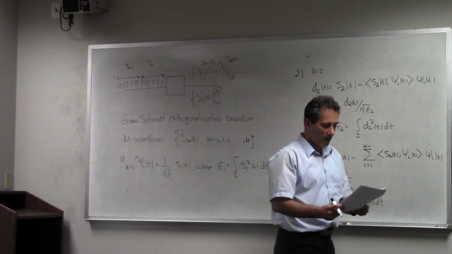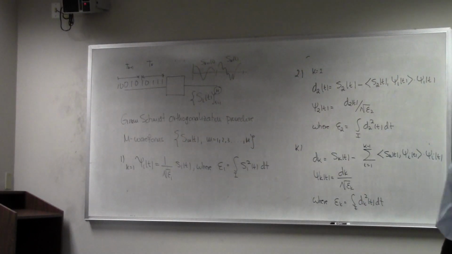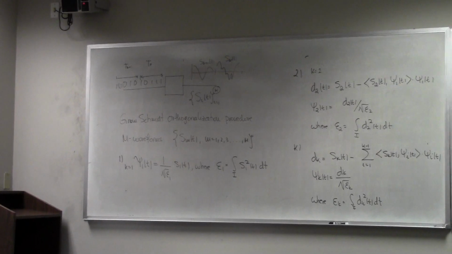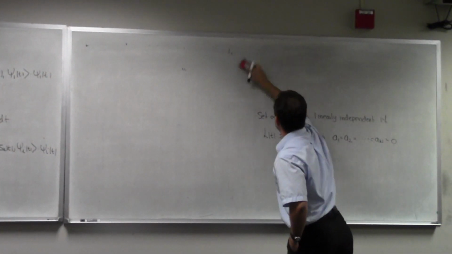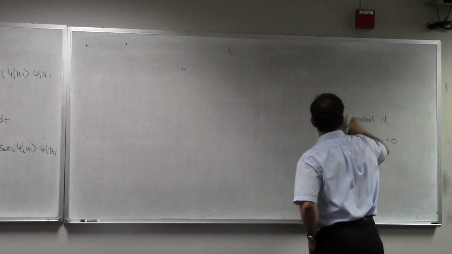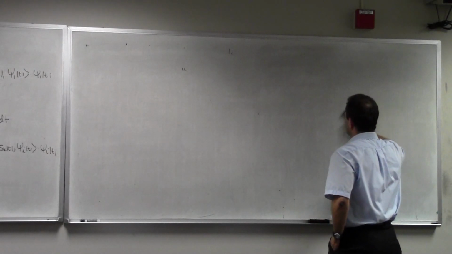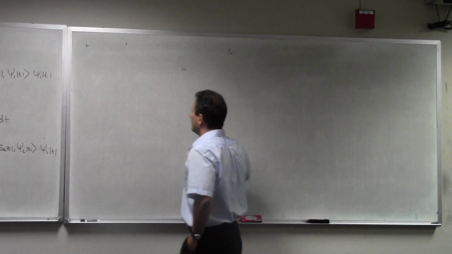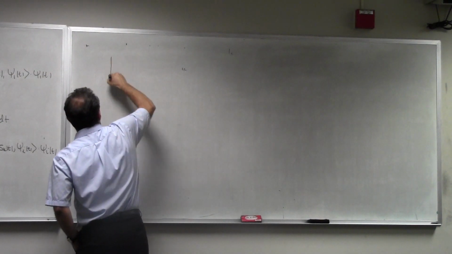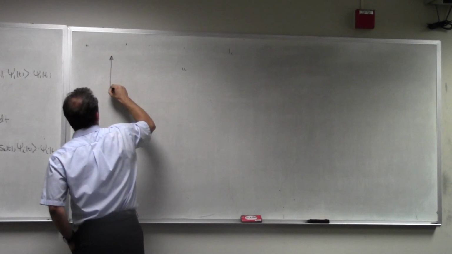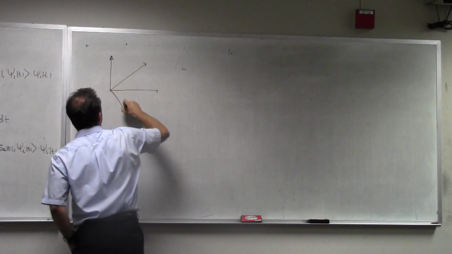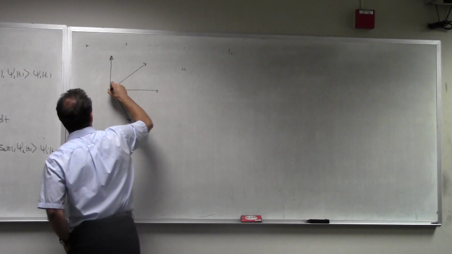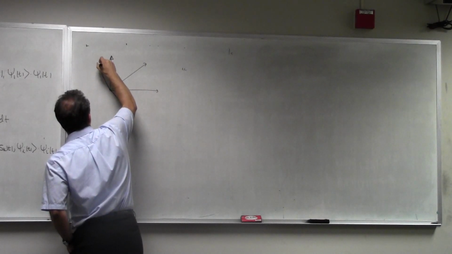Before I go through an example, let's look at how we're going to do this in a vector space, like a regular two-dimensional vector space. Let's say I give you 3 vectors.